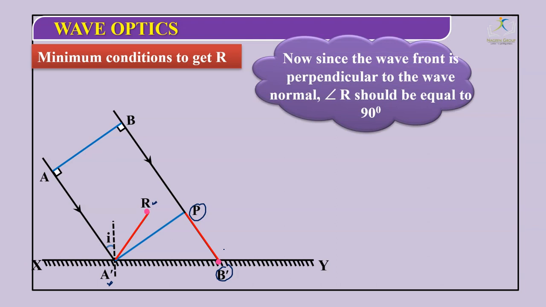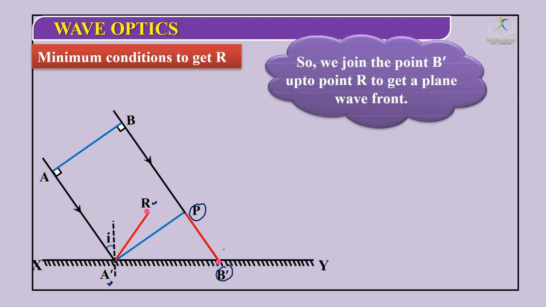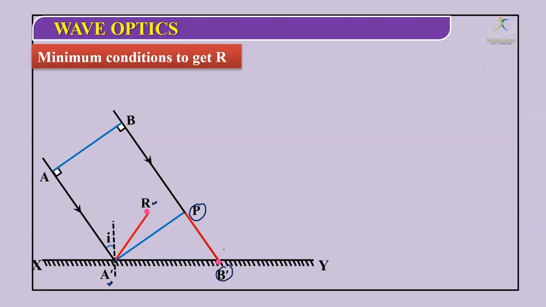Now since the wavefront is perpendicular to the wave normal, angle R should be equal to 90 degrees. So we join the point B prime up to point R to get a plane wavefront.